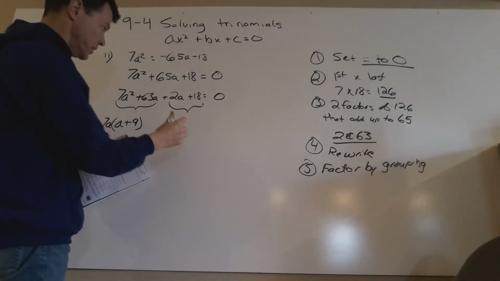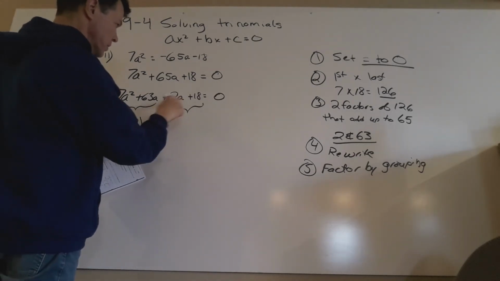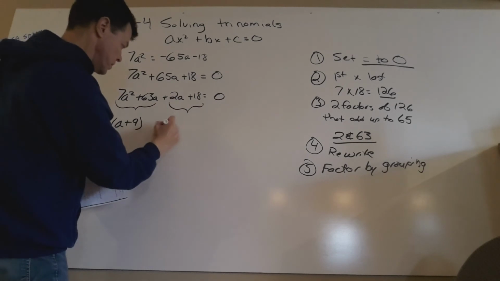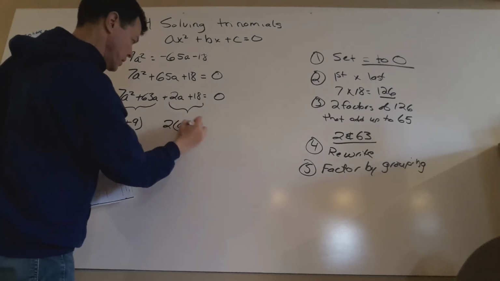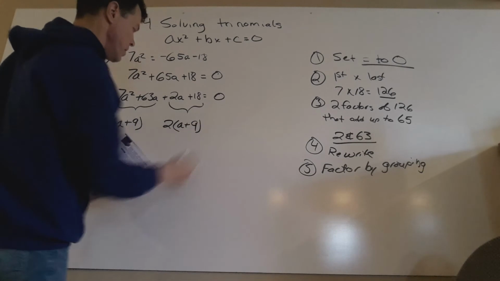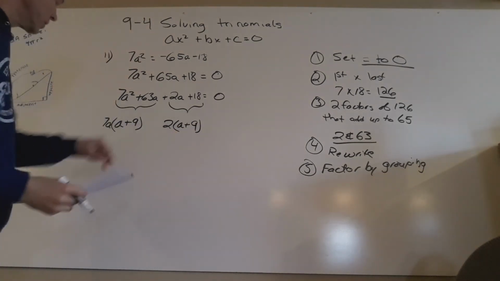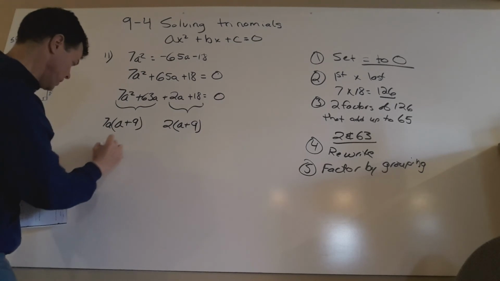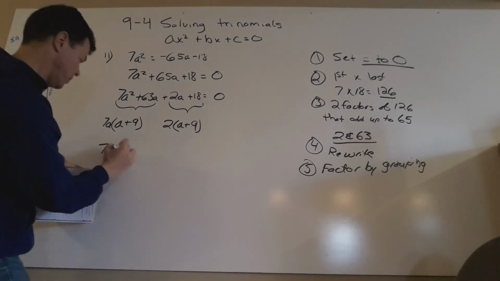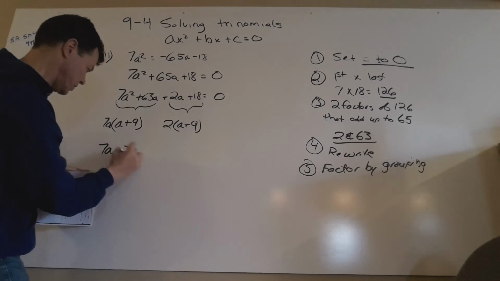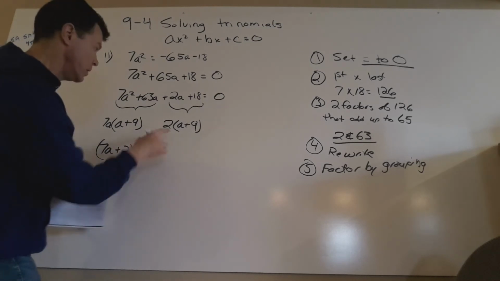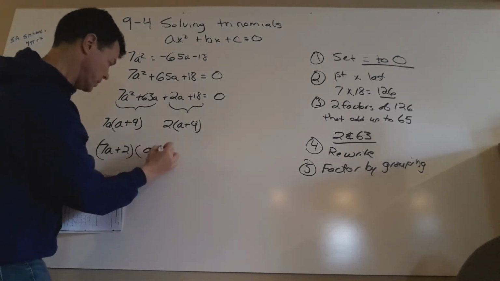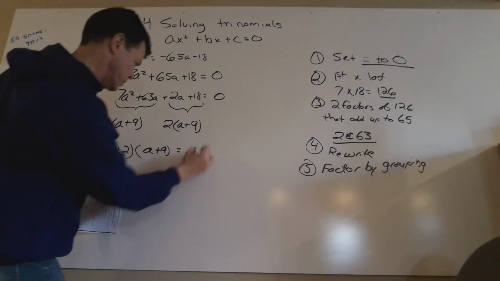Then I can factor out a 2 from the second group, leaving a plus 9. All right, we're looking good so far. Our solution then, we have 7a plus 2 times a plus 9 equals 0.